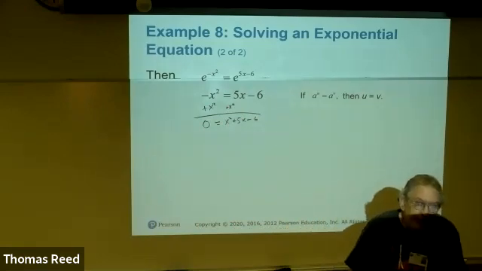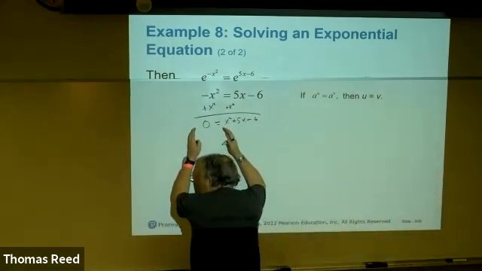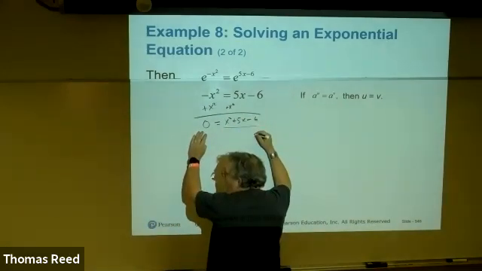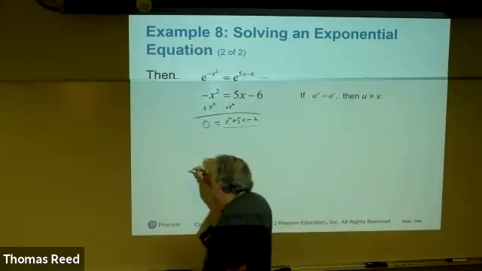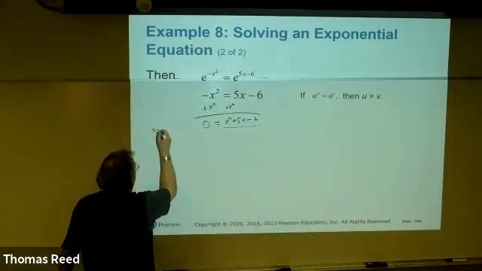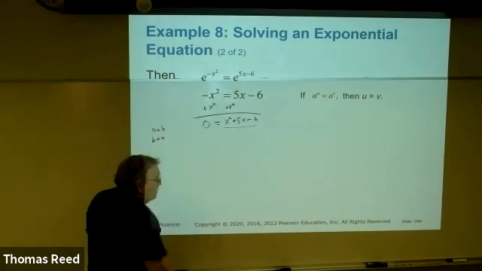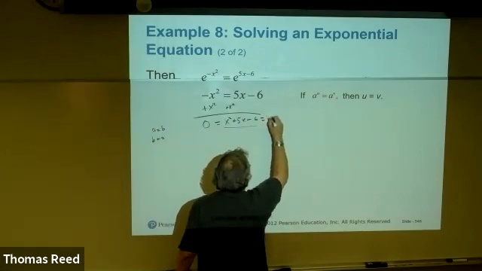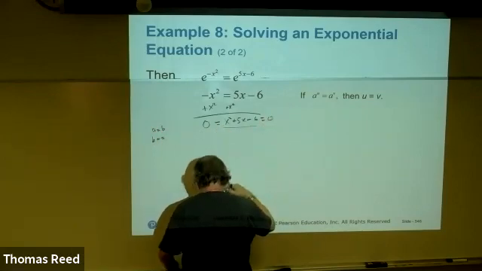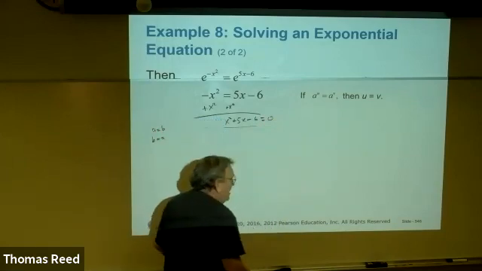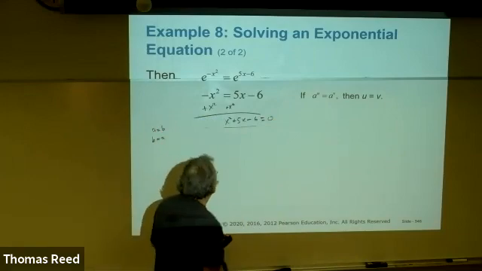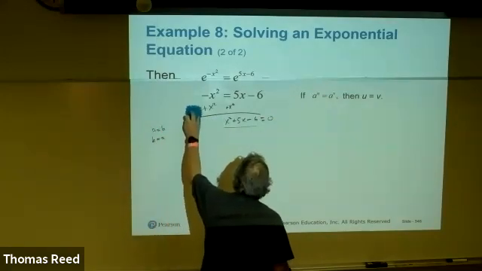Now, the issue is people aren't used to this. 0 equals. Well, it doesn't matter. The symmetric property of equality, A equals B, also means B equals A. So it doesn't matter which side the equals 0 is on. So I can rewrite it this way and just ignore this over here. It means the same thing, that this is the expression of 0. So, and that's what they do.